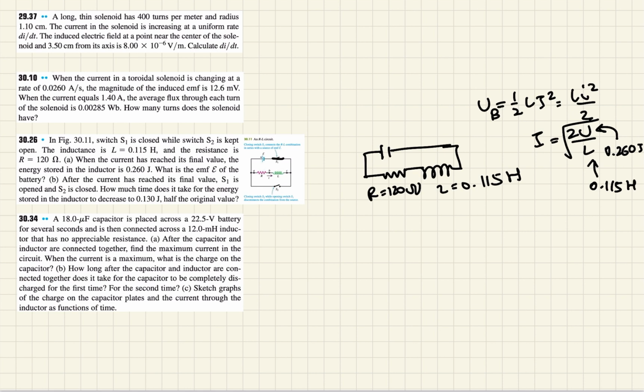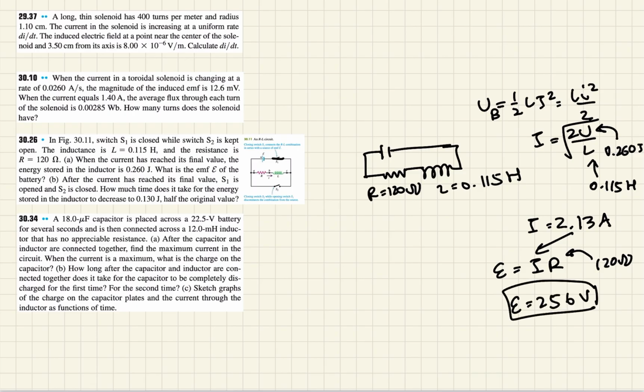Okay, you plug in the values, you get I equals 2.13 amps, not 213. 2.13 amps. Okay, and it's asking for the EMF, so that's just equal to the current times the resistance, Ohm's law again. So that's 2.13 times the resistance of 120 ohms. And you just multiply them out, you get EMF is 256 volts as your answer.